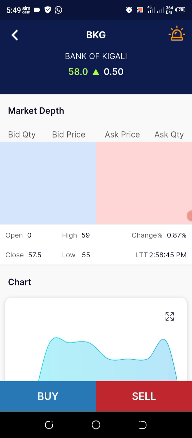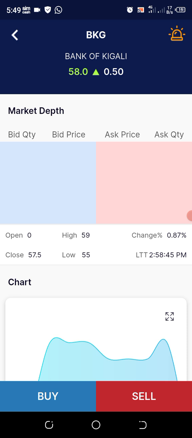Now, on these two columns, again, they are divided into two parts. Let's start with the bid side. We have the bid quantity and the bid price. The bid quantity will show the total number of shares that are being bought, the buy orders, at a particular price. Let's say at the price of 58 there are 1,000 shares of Bank of Kigali.